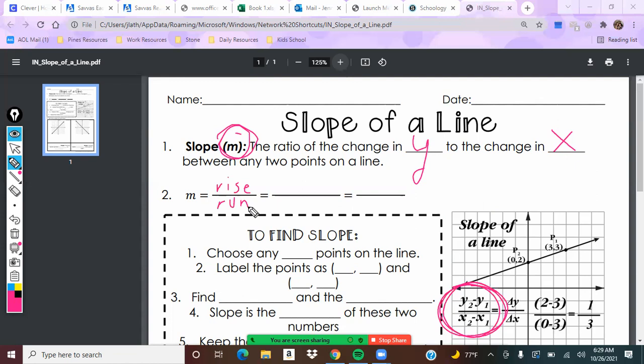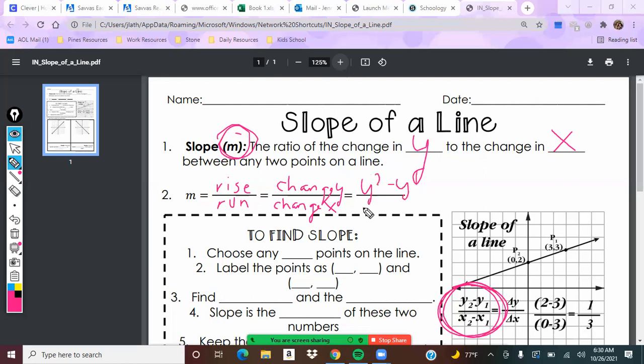So you have your change in y, and your change in x.